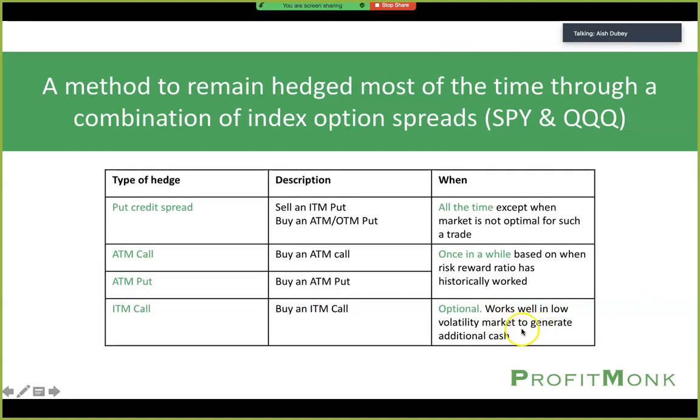That's how the markets behave, and it has helped generate additional cash. But in any case, you can control the settings on the software to turn on or turn off the ITM call hedge. So those are the 4 kinds of hedges you are going to see.